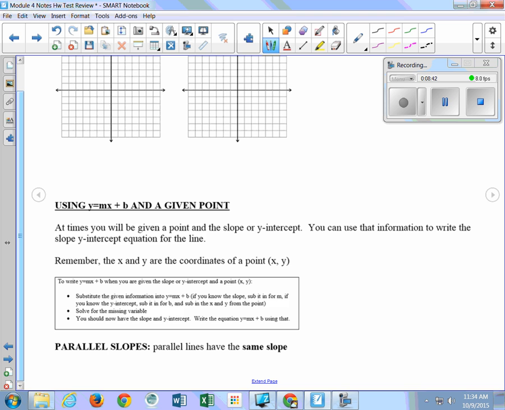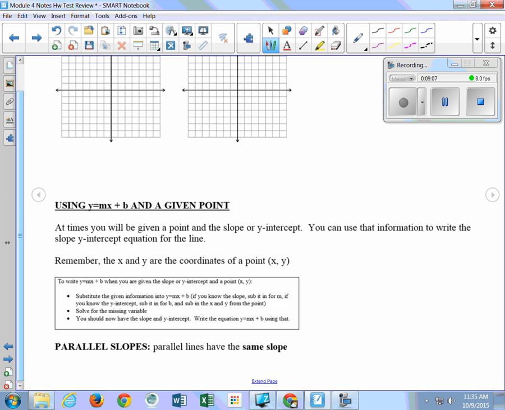Substitute the given information into y equals mx plus b. If you know the slope, sub it in for the m. If you know the y-intercept, sub it in for the b, and sub in x and y for the point. Solve for the missing variable. Now that you have the slope and y-intercept, write the equation y equals mx plus b.